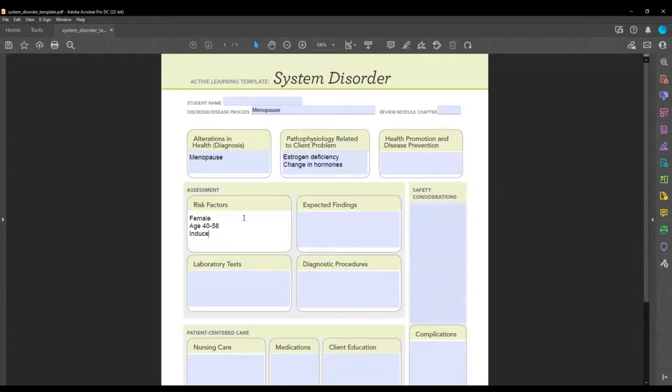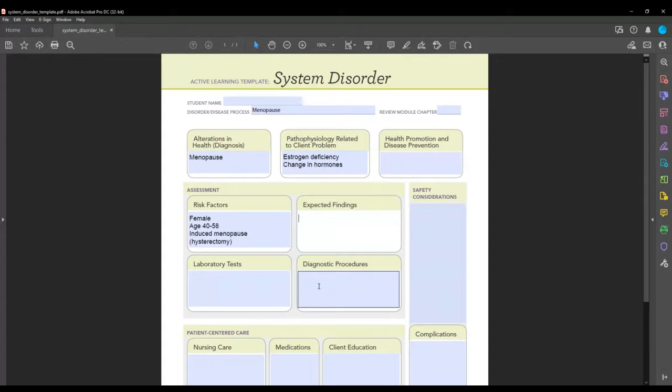So that is induced menopause. That's pretty much it, right? It's going to happen to every female as they age. So it's not necessarily a disease process as much as it is an aging process in the body.